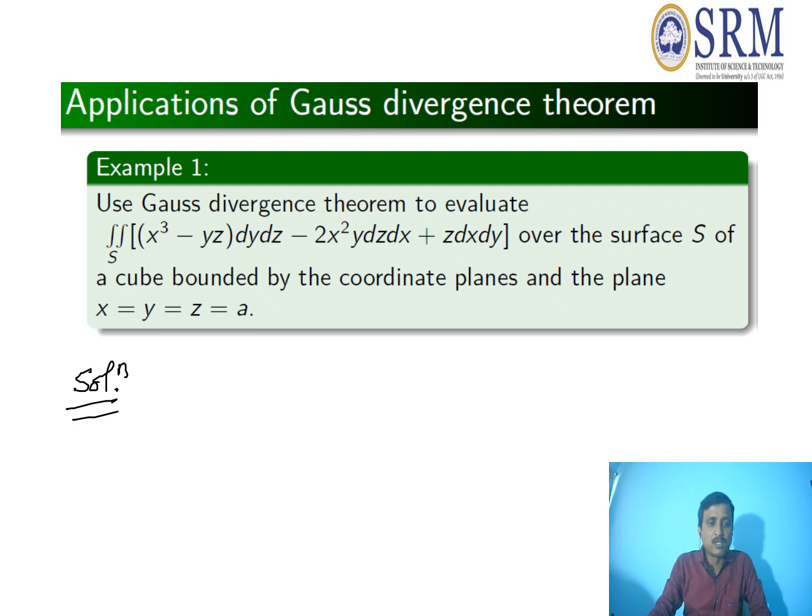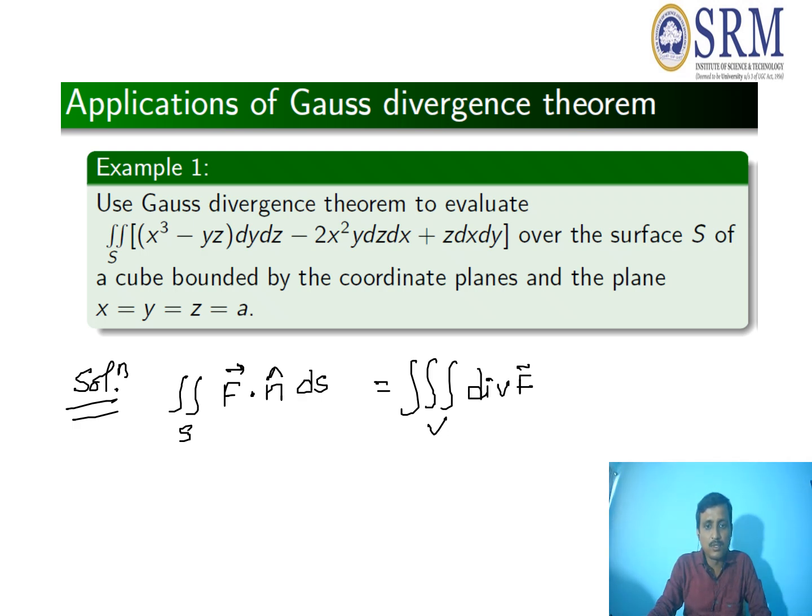As we have just seen, the LHS is the surface integration of F · n dS, which is equal to the volume integration over V of the divergence of F, dV. So this is the statement. The LHS is given, and we are going to find the RHS volume integration value.